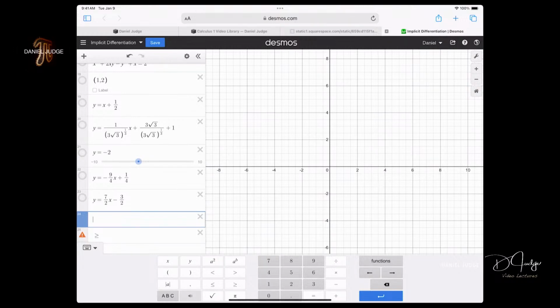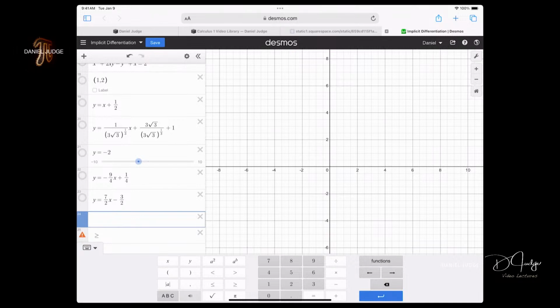It's 3x squared plus 4y squared plus 3xy equals 24.